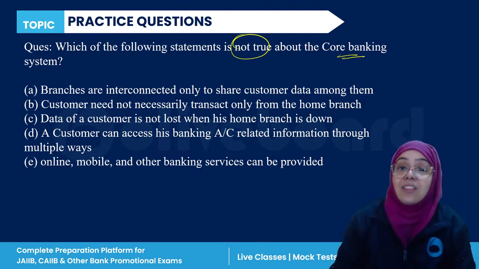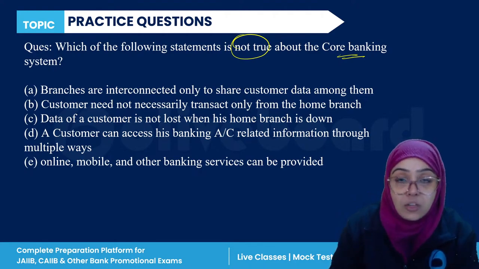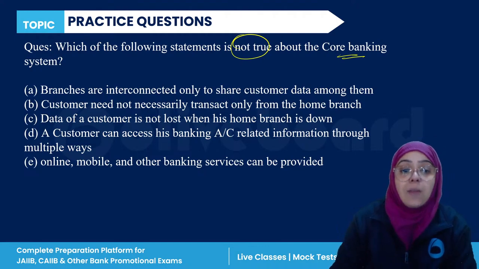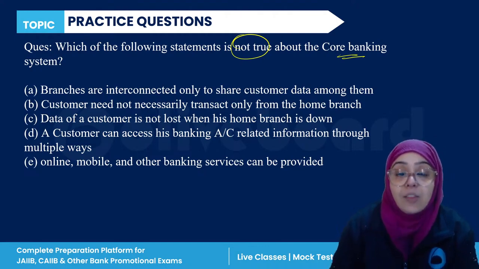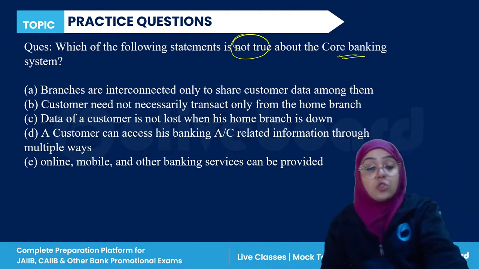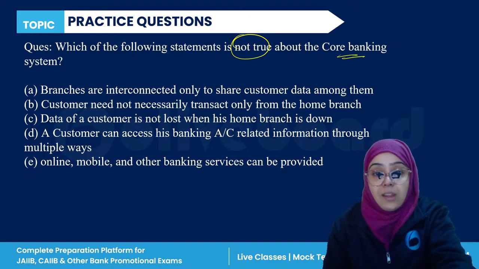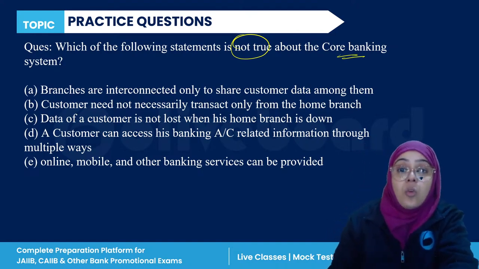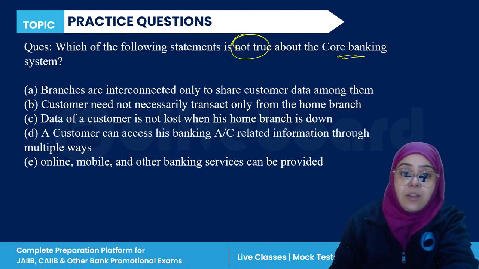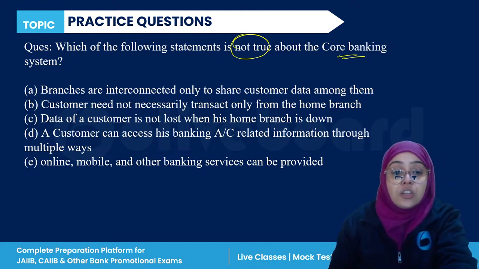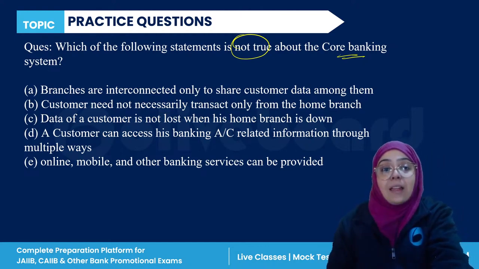A customer can access his bank account related information through multiple ways. Online, mobile, and other banking services can be provided. Which of the following is not true about the core banking system? Everyone.